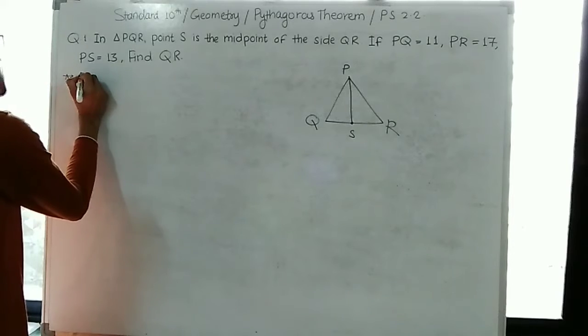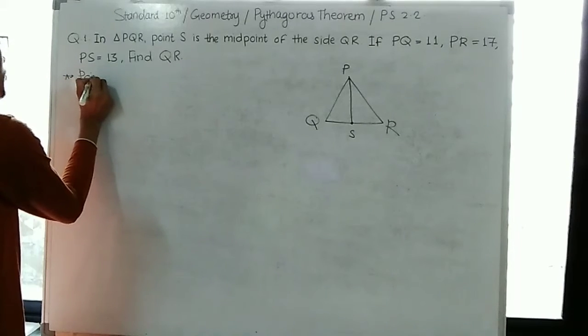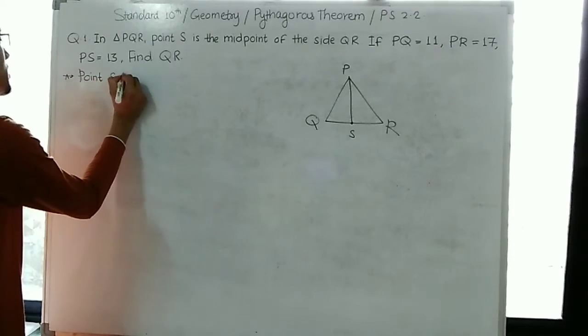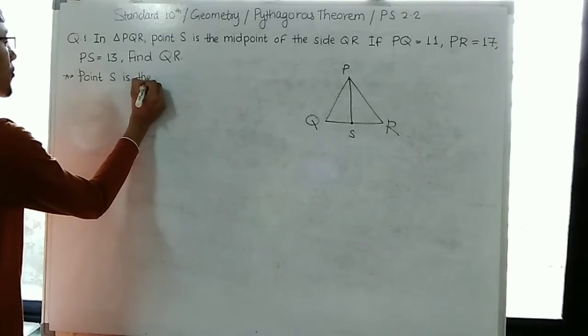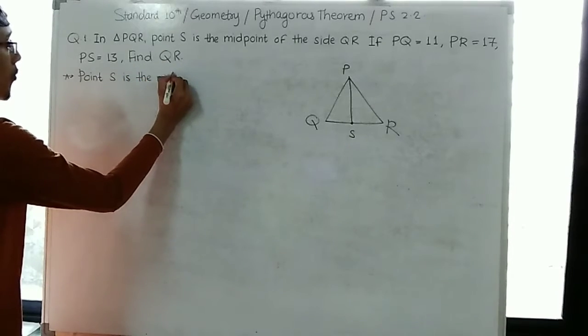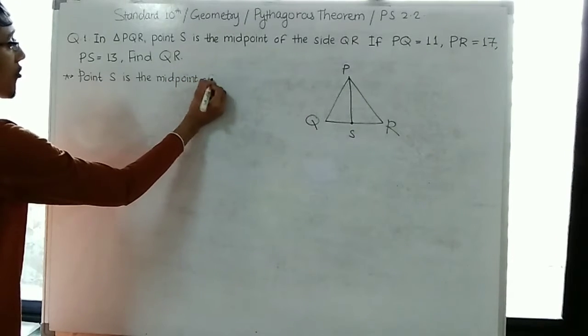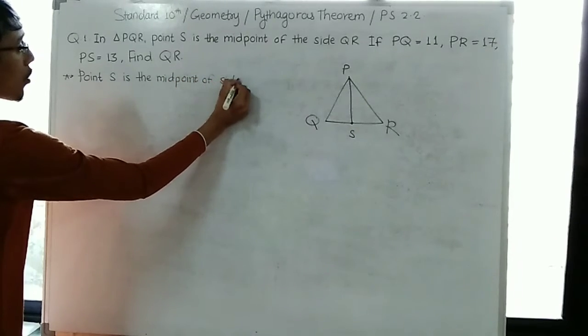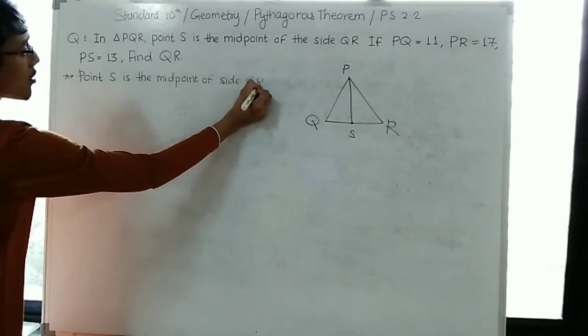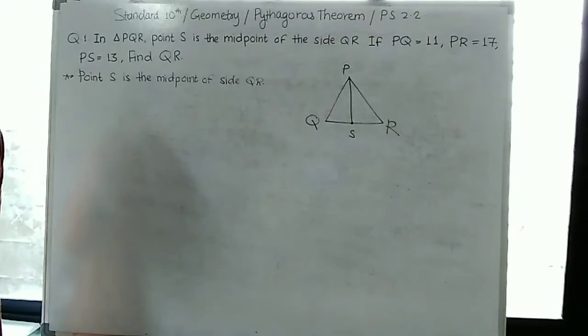What is given to us is that point S is the midpoint of side QR.